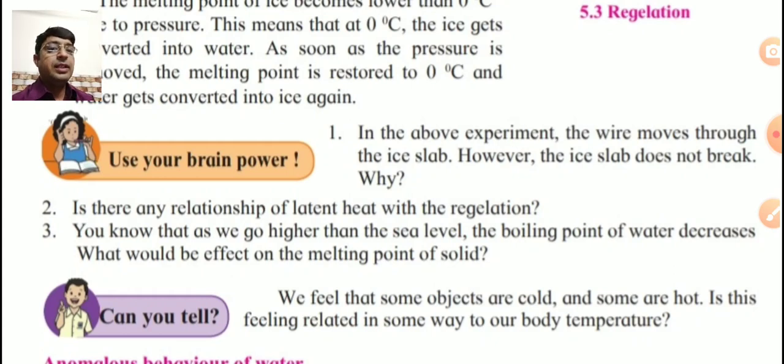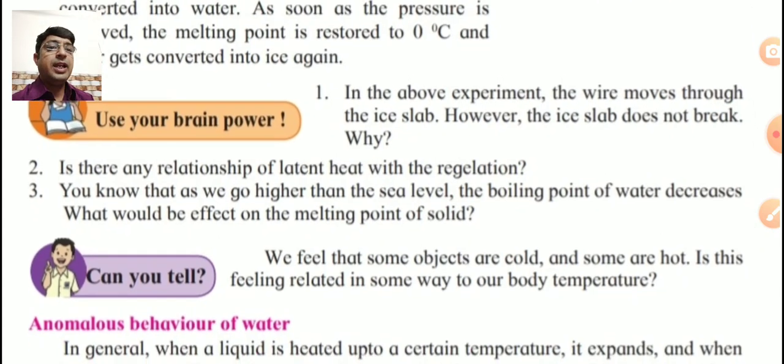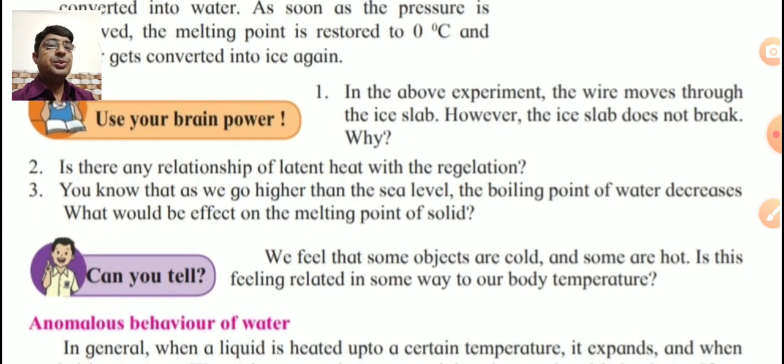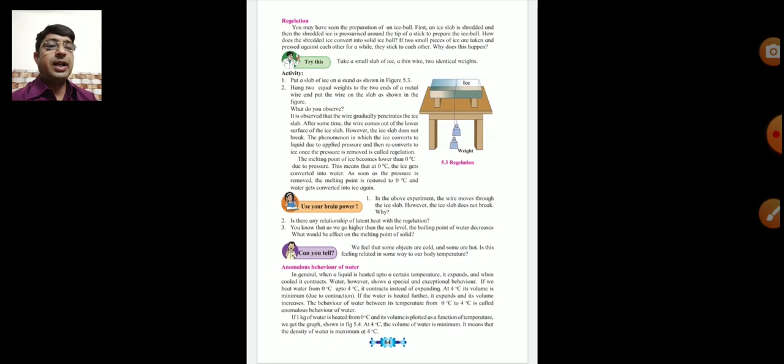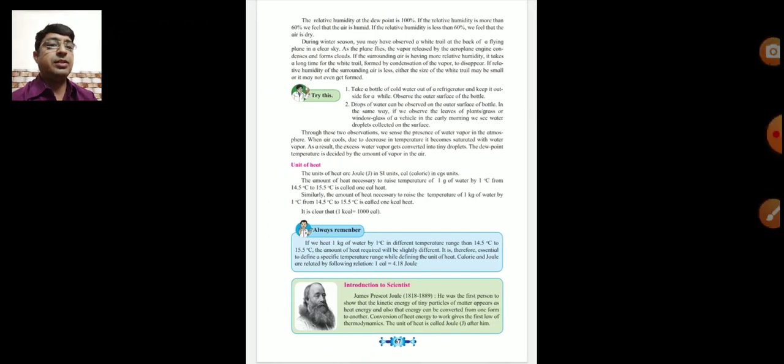Second question: is there any relationship of latent heat with regelation? One more question: as we go higher than sea level, the boiling point of water decreases. What would be the effect on the melting point of a solid? These three questions are given, so we see the answers here.